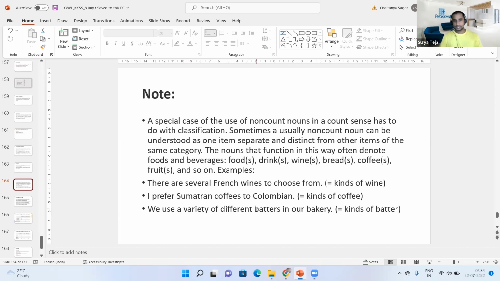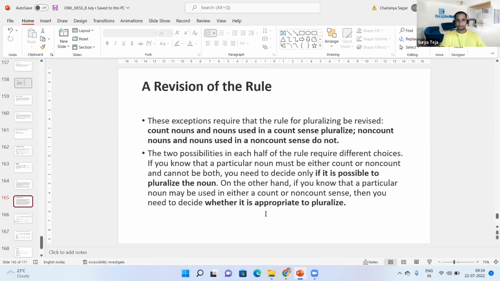Here, batters is pluralized because they're talking about a wide range of batters, maybe a wheat batter or maida batter, all different batters. That is the reason why we have pluralized this. So it is not the word, it is actually the sense in which we are using it. It's not about the noun being count or non-count, but in which sense we are using it, non-count sense or count sense. Those are important rules while we use them.